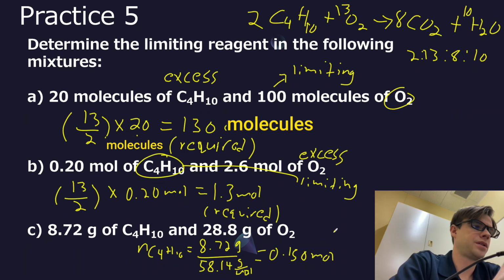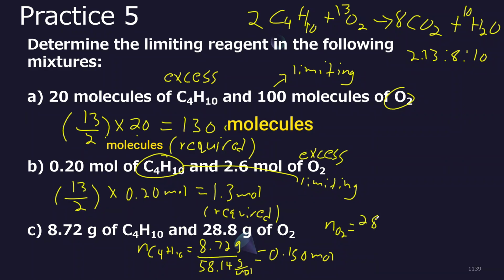Mole of O2 then, 28.8 grams divided by 32. That comes out to 0.9. So that looks like a lot of oxygen, but check the ratio. We need a ton of oxygen to react with this molecule.